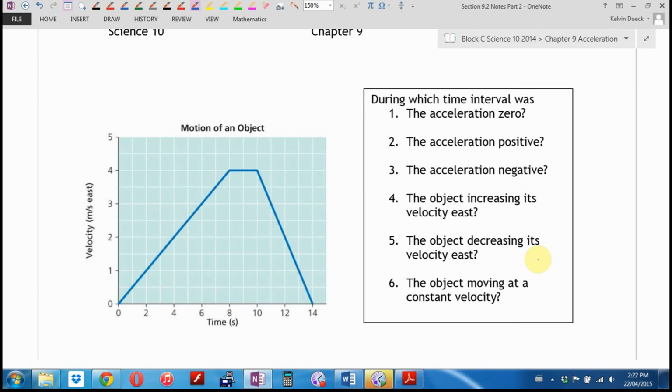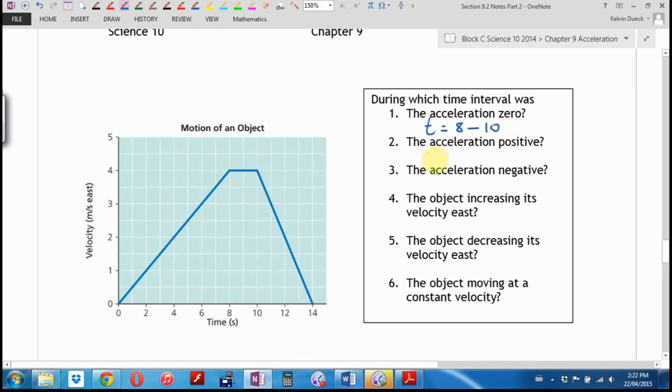All right. During which time interval was the acceleration 0? Right there. Right? Between, oh, you know what? I'll go t equals 8 to 10. During which interval is the acceleration positive? Sorry?